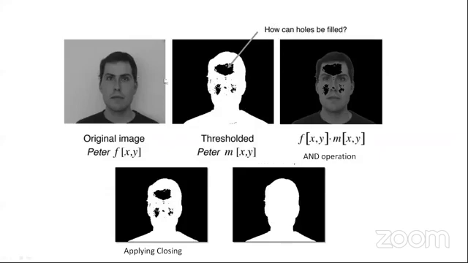If you perform an AND operation, the background will be converted to 0 and you will get the intersection of the face. Here you will see the black noise is also there, but after performing a closing, you will get this type of result, and then you can take an AND operation, and this is where you segment the picture.